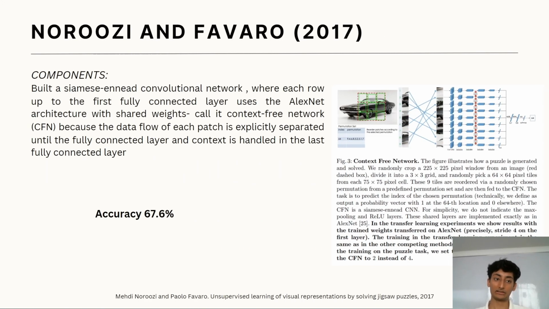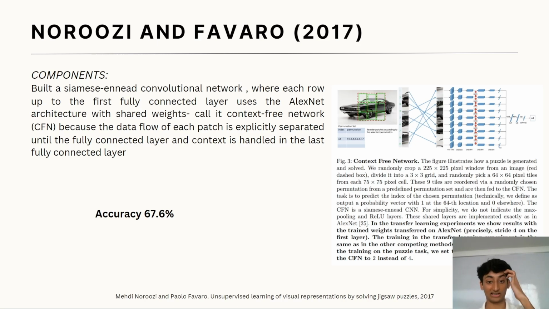The next paper is by Noroozi and Favaro in 2017. The component of this paper is that they built a Siamese-type network, which is a convolutional network with different branches, where each row up to the first fully connected layer is an AlexNet architecture. AlexNet is an old architecture you must know.